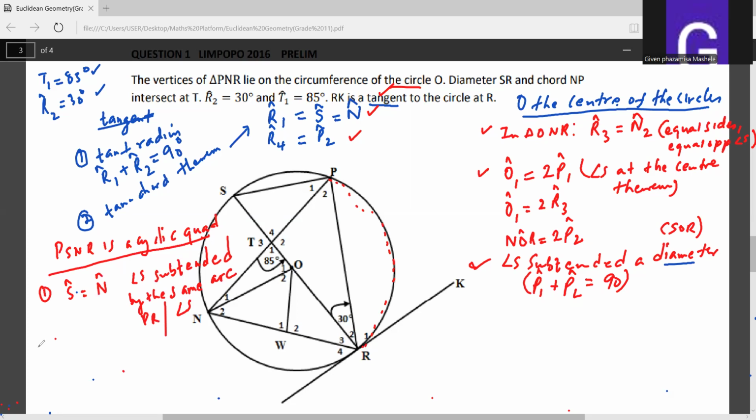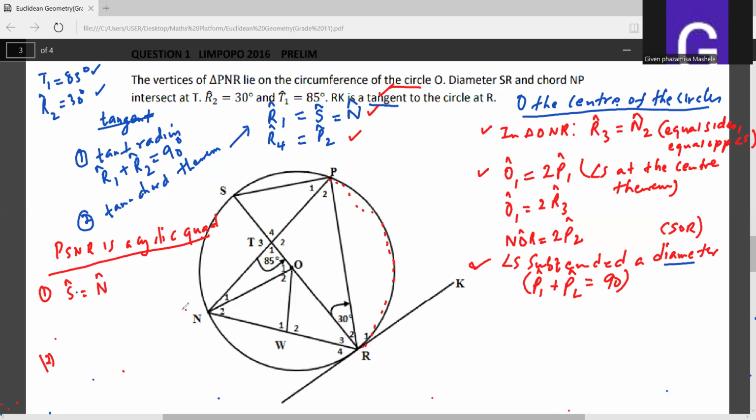Another arc, SP, is an arc but it's subtending only one angle, so we're not going to talk about it. Let's move on to another arc, SN. What is the name of the angles that are subtending arc SN?